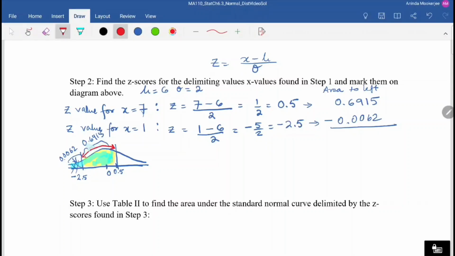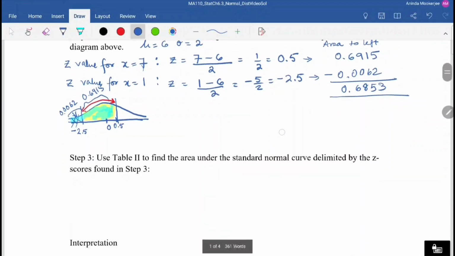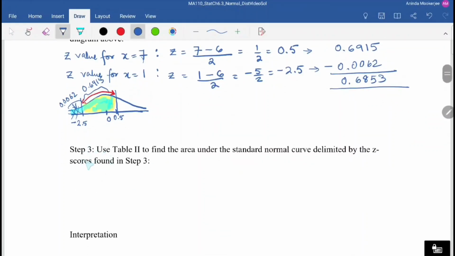So that's why we have to do 0.6915 minus 0.0062, which will give us a value of 0.6853. All right, so we found the areas. Actually, we did step 3 as part of step 2. So you can just direct it up here.